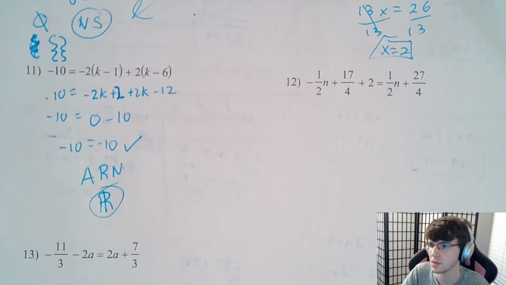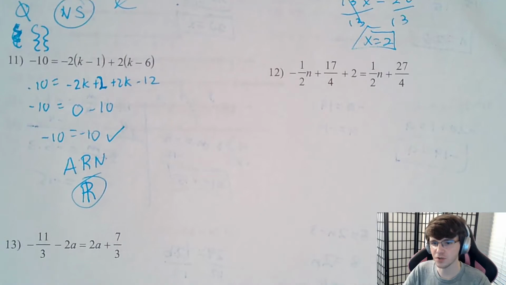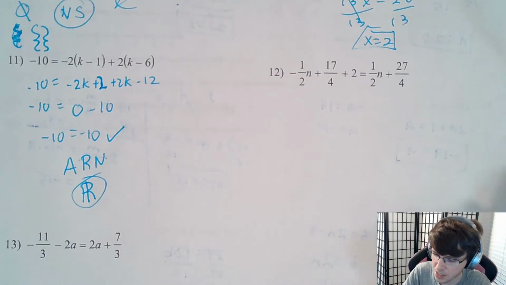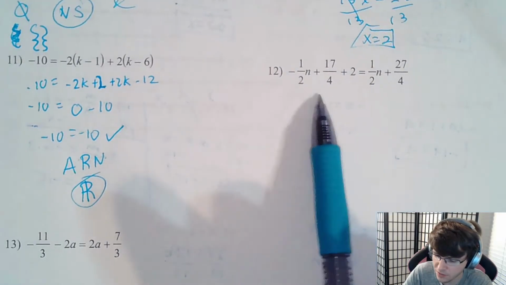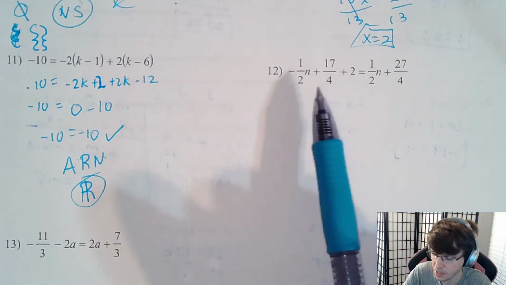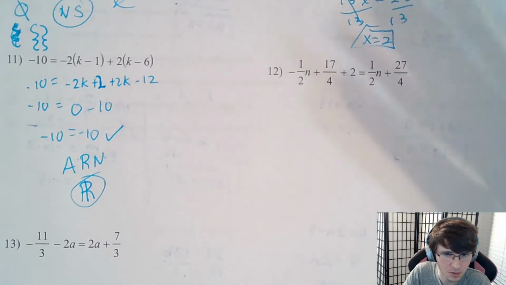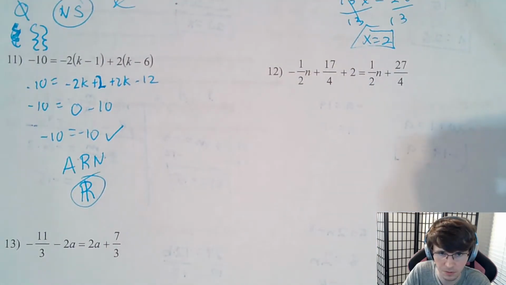Number 12. So number 12 is our first full bomb the denominator question. We need to figure out that lowest common denominator, or least common denominator, or least common multiple of the denominators. A lot of different words to mean the same thing. So that's when you want to use that calculator effectively, or you could kind of just notice what it is. And in this case, I think it is kind of easy for a lot of people to notice that 4 is the least common, because 2 goes into 4, and those are the only two numbers to possibly multiply by.